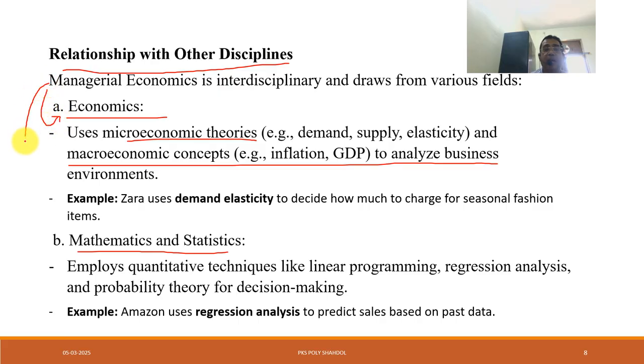Similarly, managerial economics is directly concerned with mathematics. How is it concerned? It employs quantitative techniques like linear programming, regression analysis, and probability theory for decision making. How does it help in decision making?